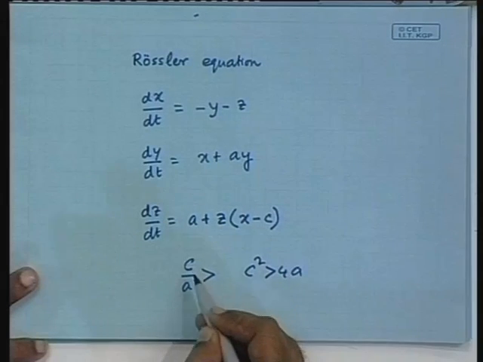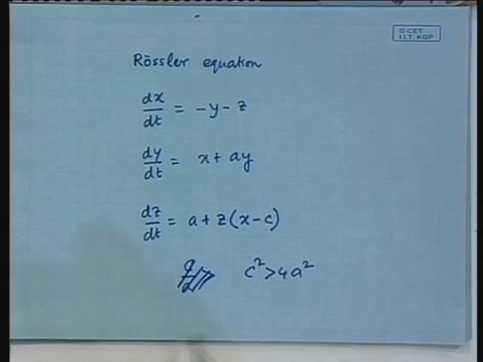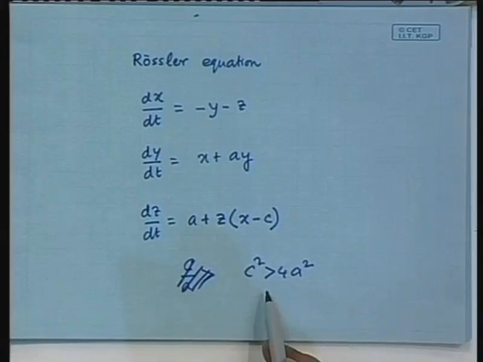If that happens, then they exist. If this is not true, then there is no equilibrium point, right, fine.